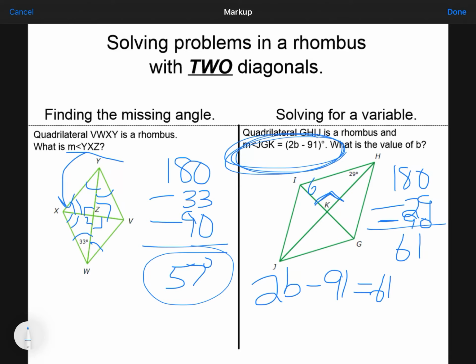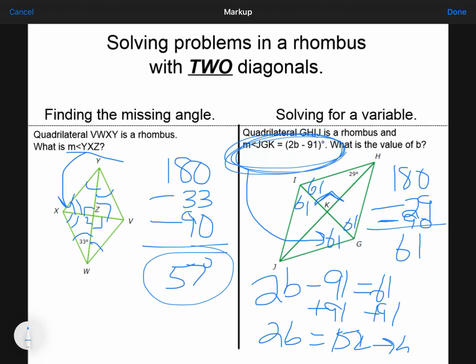Gives us a missing angle of 61 in all of these spots here, including JGK, what we're trying to find. Set the algebra equal to that number, not plug it back in, not just type that number in, but set algebra equal and solve it out. In this case, you get B is 76.